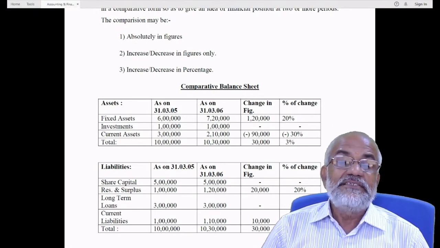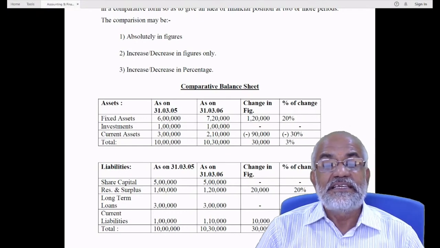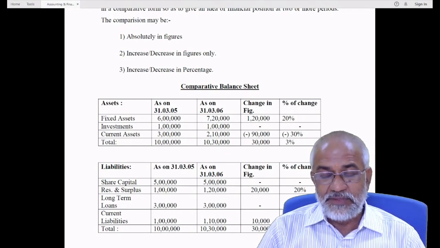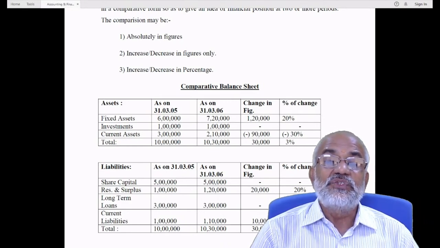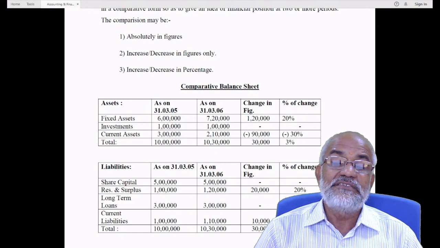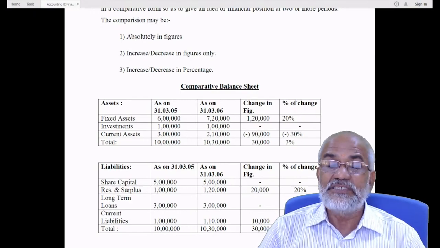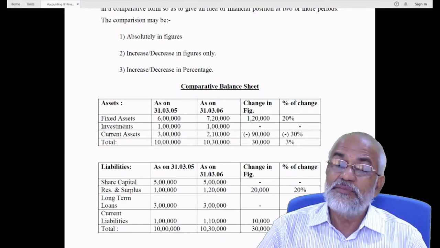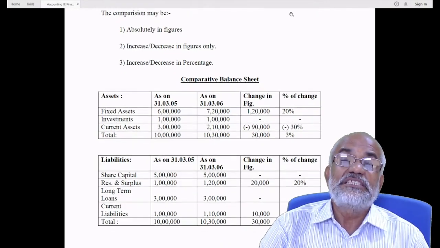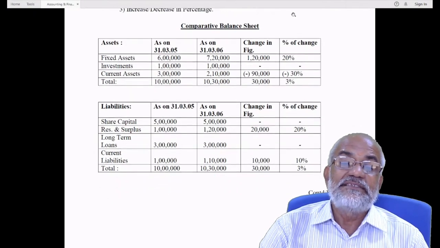And in totality, the total of liabilities is 10 lakhs at the end of the first year and 10,30,000 at the end of the second year. So the change in figures would be 30,000. That means increase, positive figure. And when it is put under percentage, it is coming 3%. So this is about comparative balance sheet.